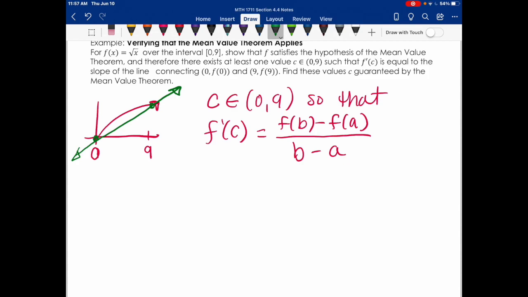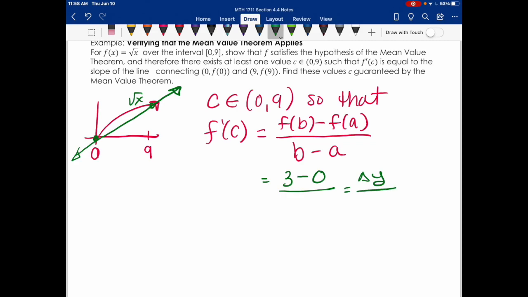Here are our endpoints. We want to find the slope of this line. f of 9 is 3, because I plugged 9 into the square root of x, that's our function. So the corresponding y value for 9 is 3. The corresponding y value for 0 is 0.